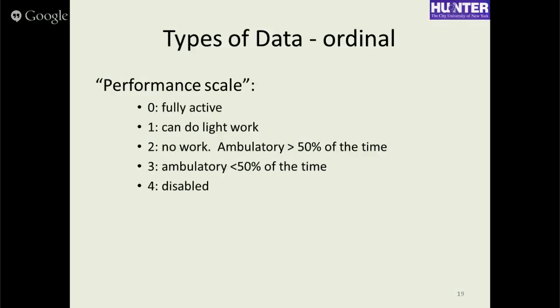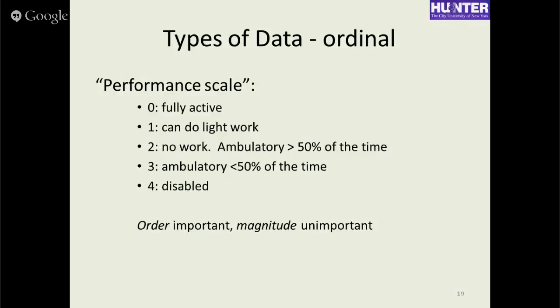These have a ranking from the most active to the least active, but they're not really numbers. Again, they're nominally numbers, but they're ordered. So the order is important, but the magnitude is not.